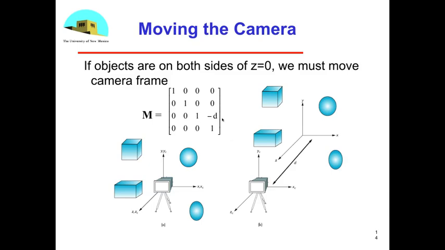It would be z minus d times 1, and the result is z minus d. So it's the same as subtracting d off of each z component, which is essentially moving the objects or moving the camera, depending on how you want to look at it. And in fact, this is our first example of what's called a translation matrix, which we will develop in more generality in the next lecture.